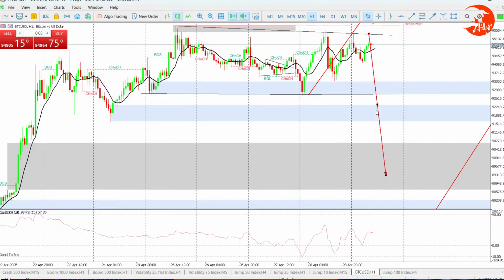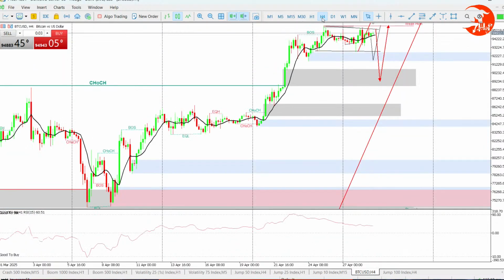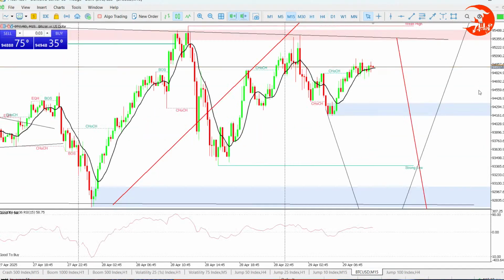It can easily first give us a fake breakout either here, or right here, and then it takes us all the way up. So there are so many things that can happen on this asset. According to H4 and H1, we are consolidating, but we can trade this asset even when it is consolidating on higher time frames.